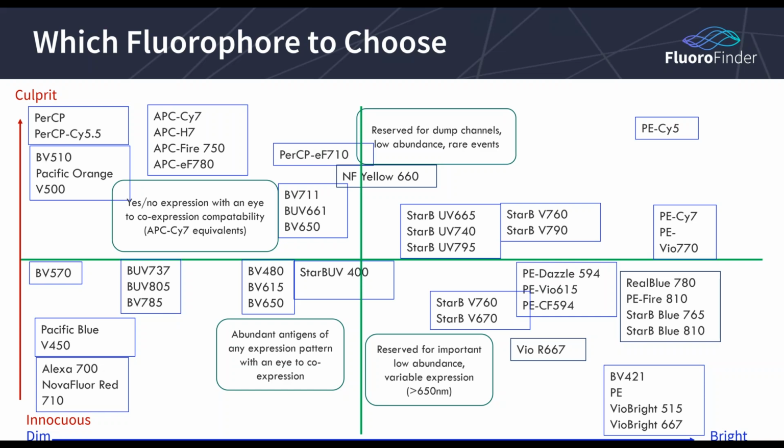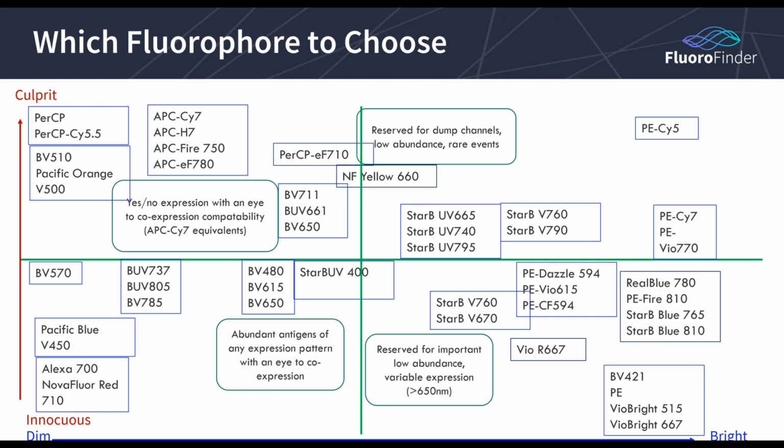So this is a matrix of fluorophores that are dim and also completely innocuous, like Pacific Blue and Alexa 700. These dyes don't spill into much else, so you can consider them relatively innocuous, but they're also really dim, so they're simply not putting a lot of photons into that spillover. Then we progress along to the bright but also innocuous.